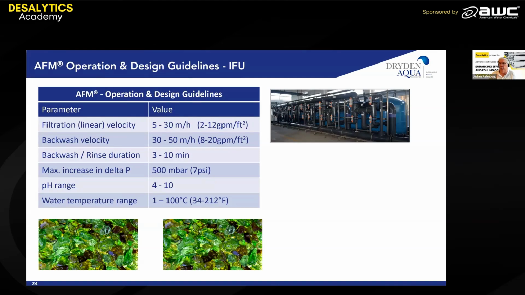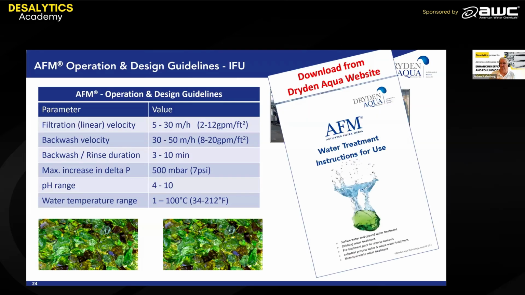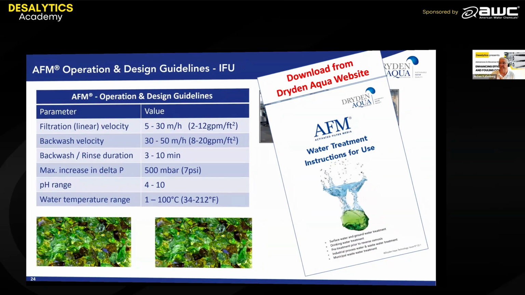We have 5 minutes water only backwash. It's triggered at 500 millibars pressure increase after your last backwash. So you start your filtration after last backwash. If you reach 500 millibars, you start to backwash your filter. We have a comprehensive manual to operate our filter media with all instructions, how you operate it and how you can get the best out of our filter media.